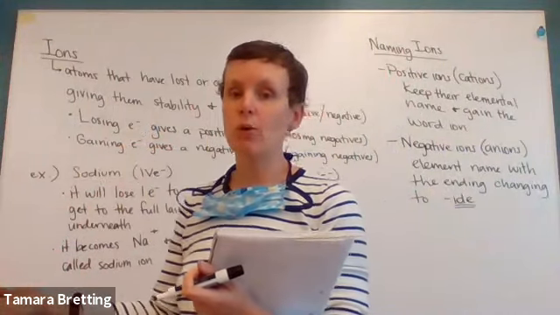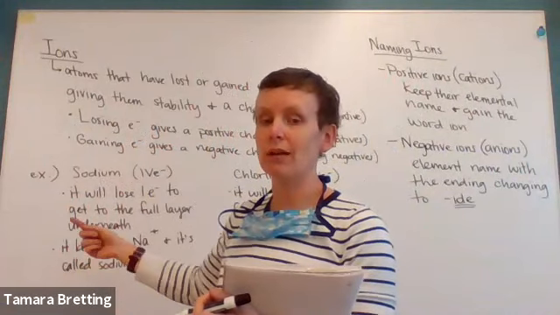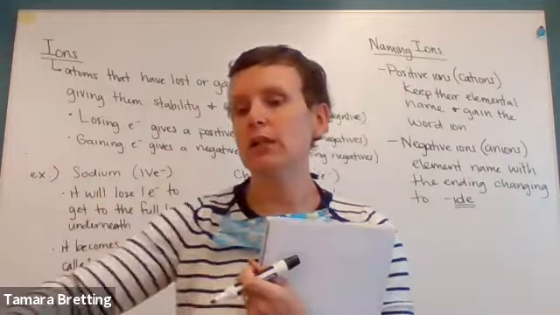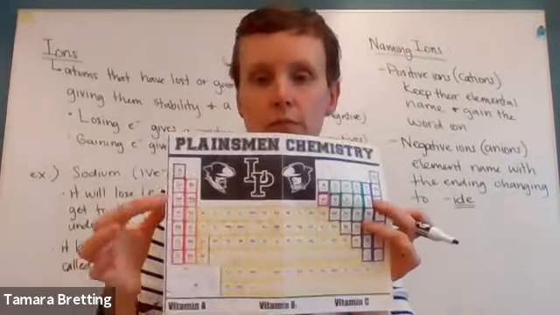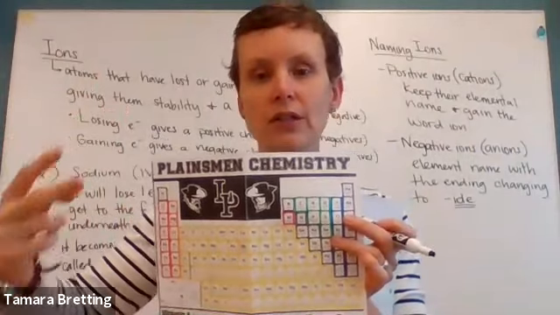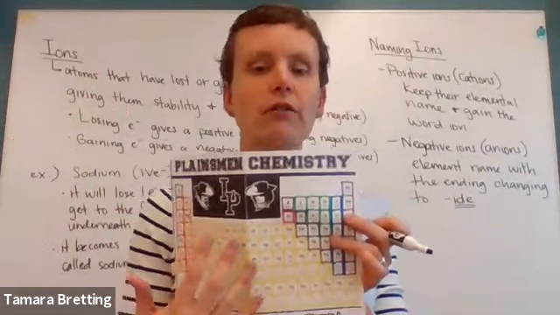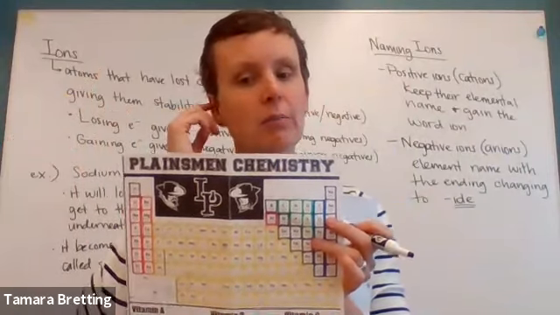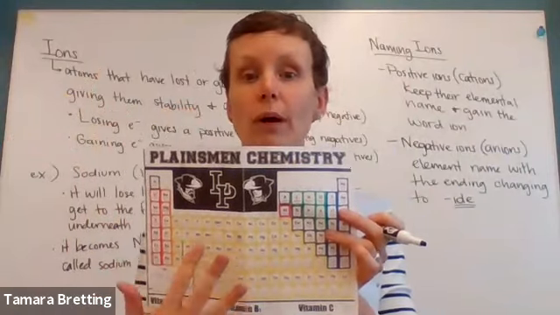So they're not always a +1, like sodium's always a +1 because it only has one in its outer layer, it's going to lose it. The ones in orange have 2 in their outer layer, they're going to lose both of them, they're always a +2. But these ones in the middle are kind of funky, and we're not really going to get into what their atoms look like in this class, but they can have more than one positive charge.